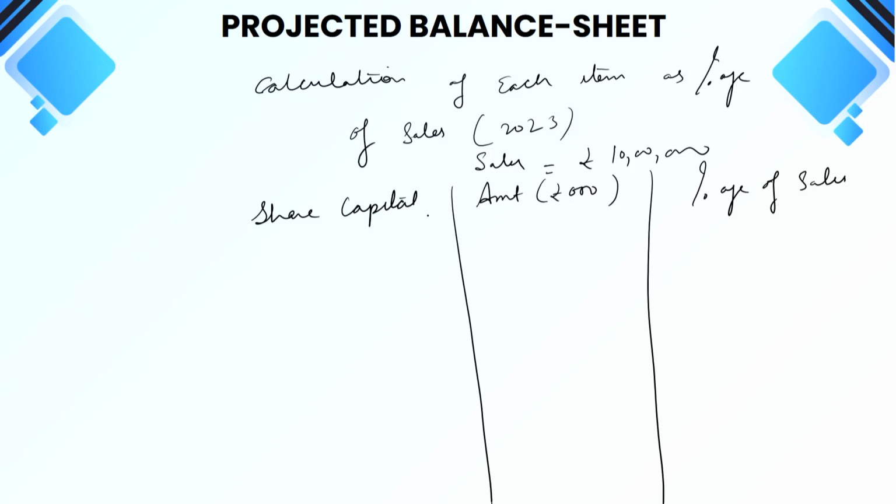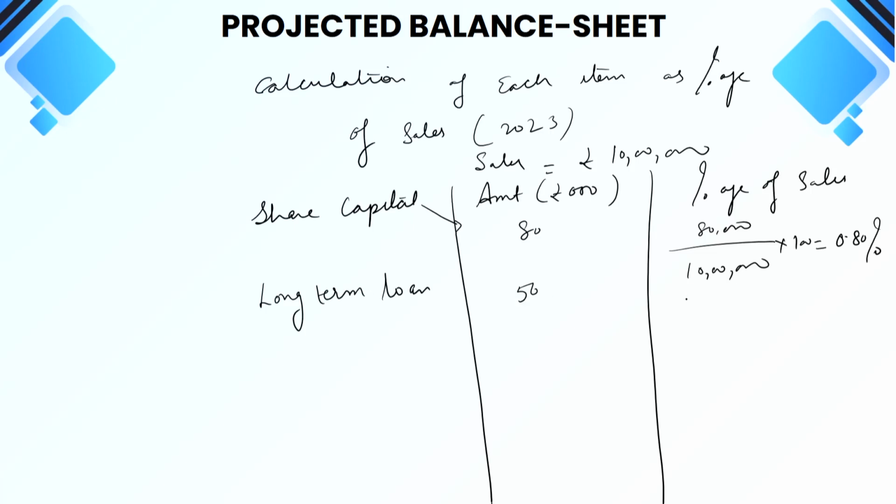So the share capital in the year 2023 is 80. If we calculate this in comparison to the 10 lakh rupees, we get 0.8%. Then the next is long-term loan, which is 50,000. We take this 50,000 divided by 10 lakh rupees into 100, which is 0.50%.